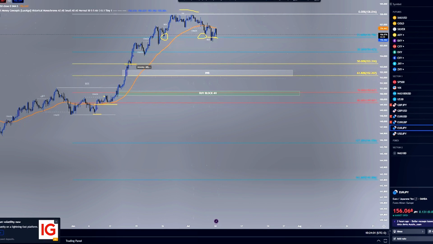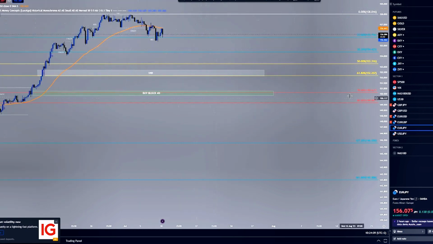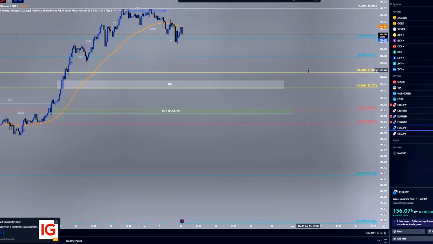Perfect. Yeah, man, crazy. The only thing I like here is it changed character, and it broke structure. Yep. And look at this also. It changed character, like you say, making lower highs, lower highs, lower highs, and perfectly here, bouncing off the 50 EMA, right?